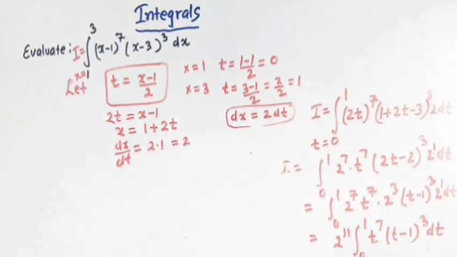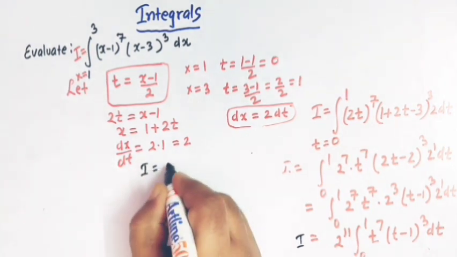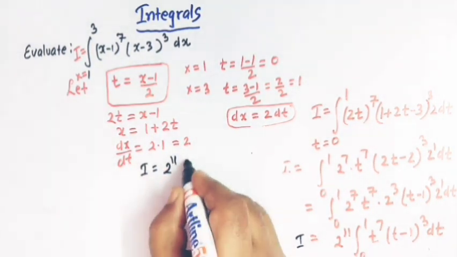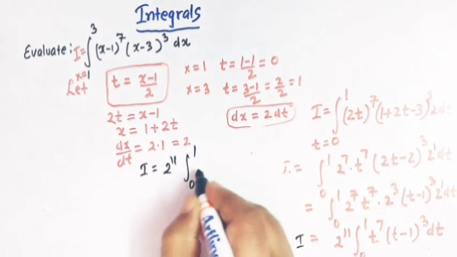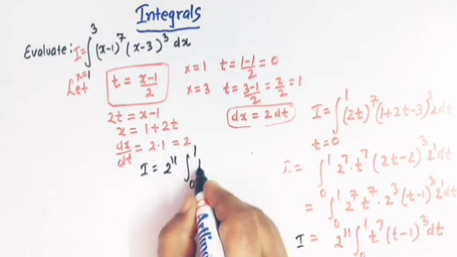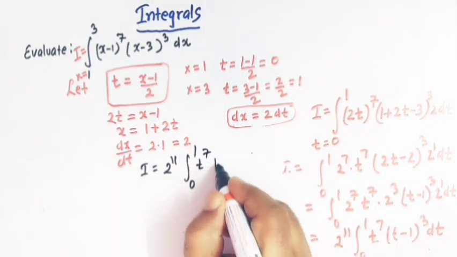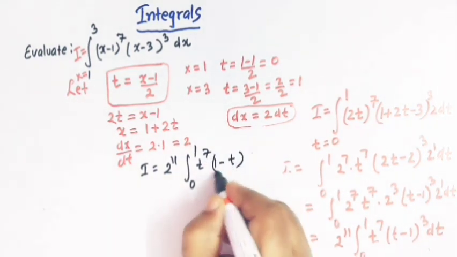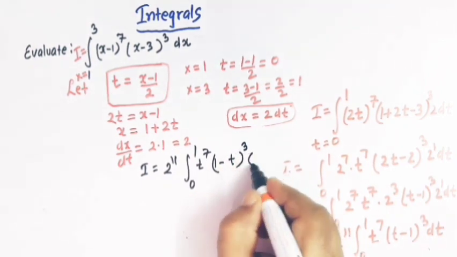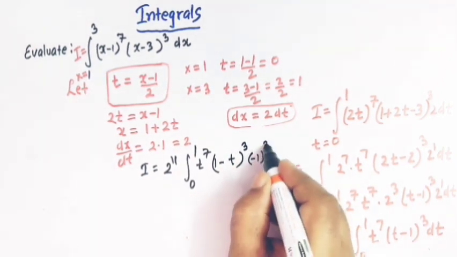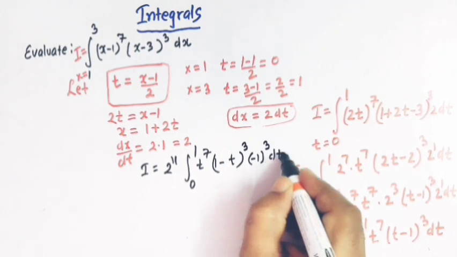So now we can write this integral I as 2 raised to 11, then we have 0 to 1, and t raised to 7, and here we have t minus 1, so we can write 1 minus t raised to 3, and we can take minus 1 raised to 3, and here we have dt, right?